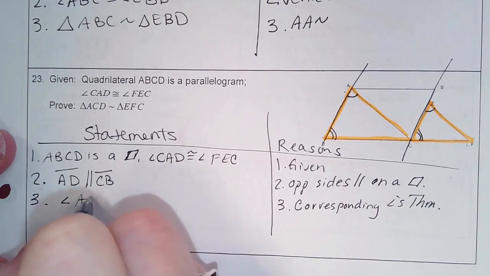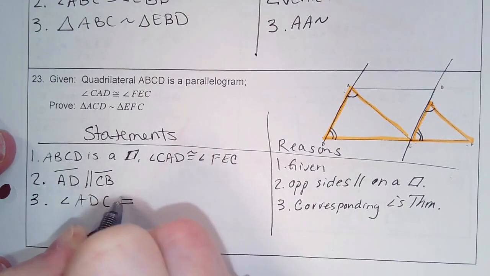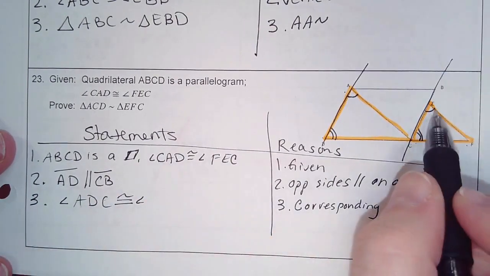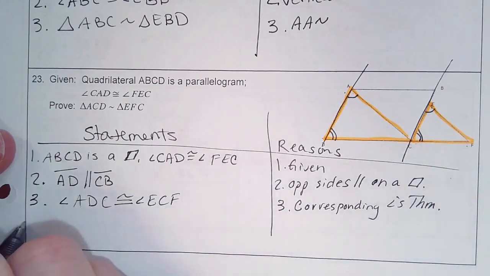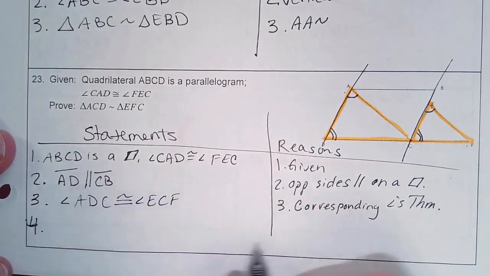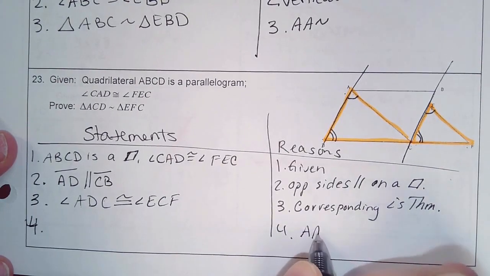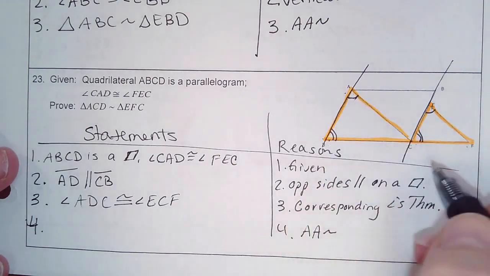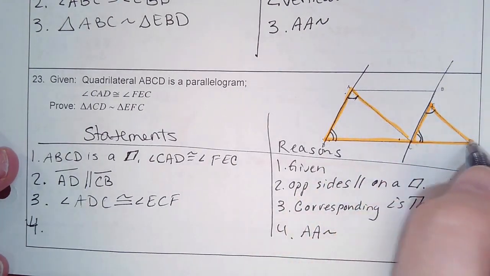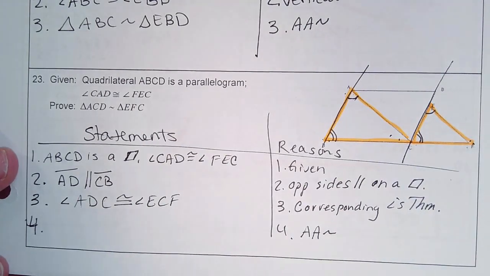ADC is congruent to angle ECF. Last step, I can go ahead and say through angle-angle similarity that these triangles are similar. Because I have 2 angles, automatically the third one is congruent to the third in the other triangle.